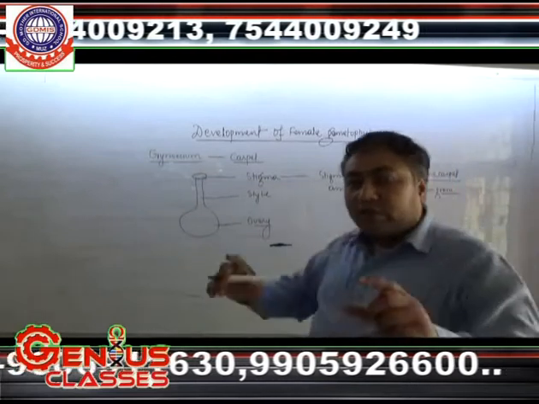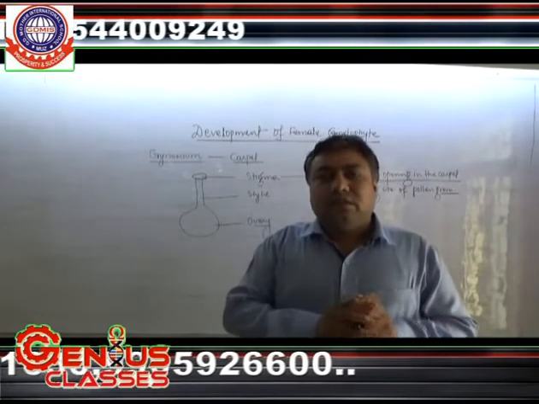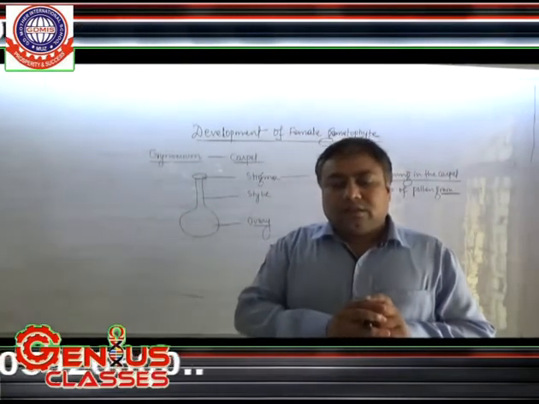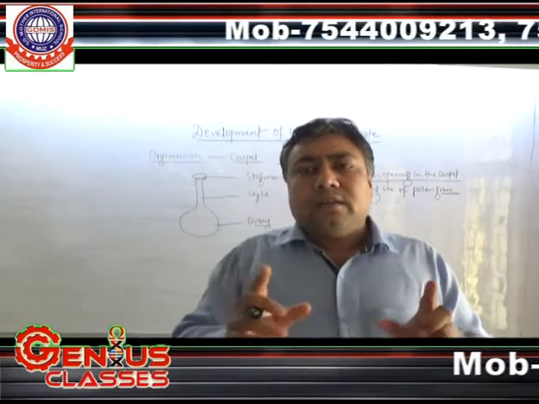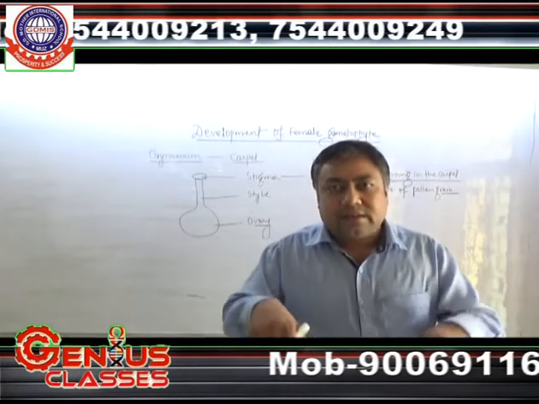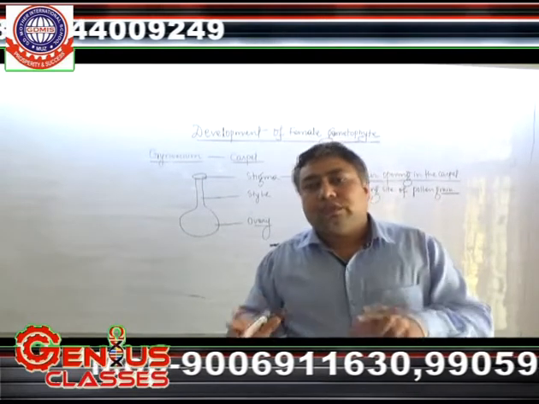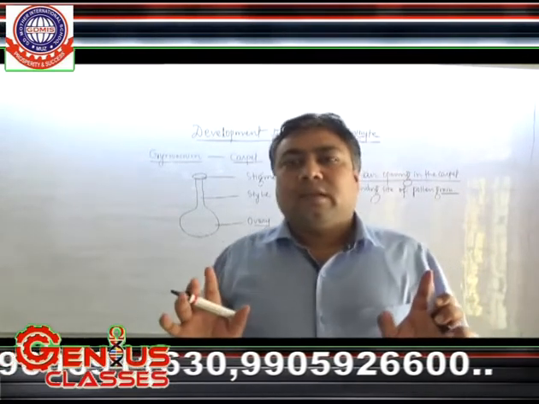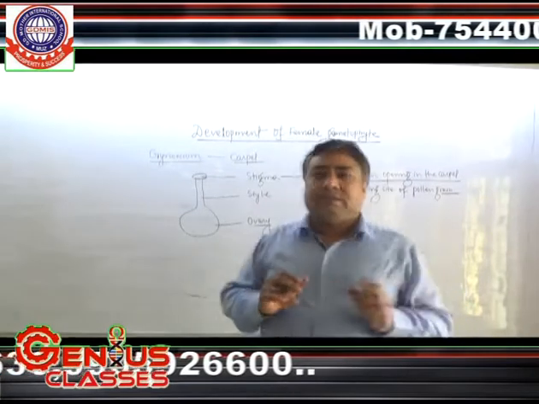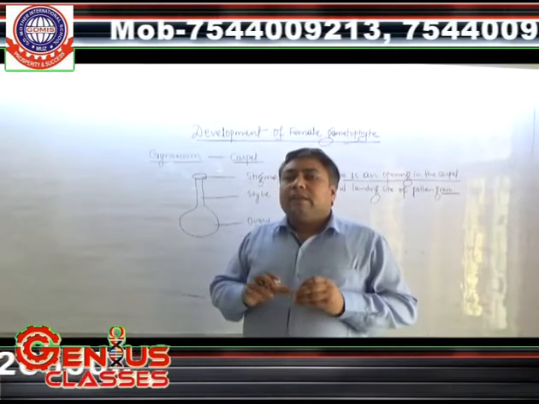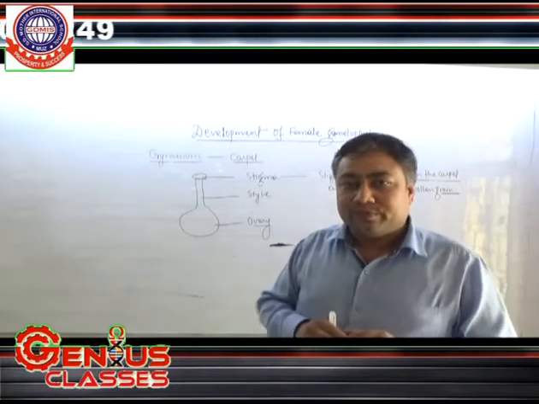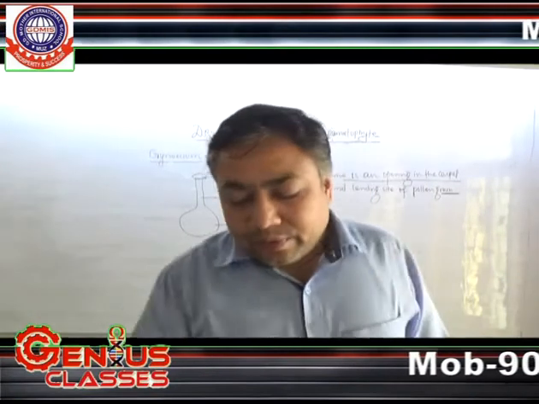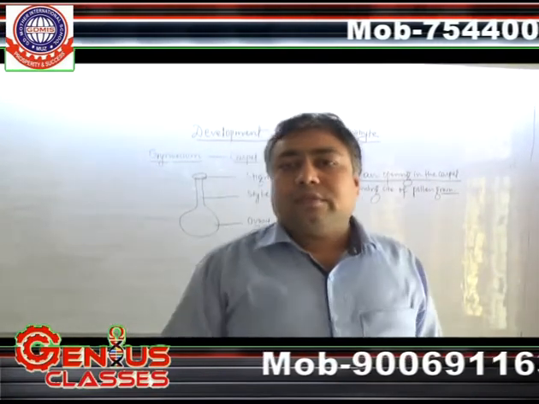Now the cells of a stigma verify whether the pollen which has landed belongs to their species or not. If it does not belong to their species, they do not allow the pollen grain to form a tube.